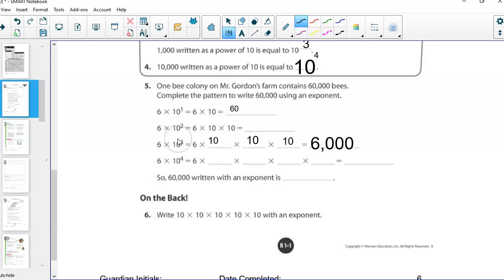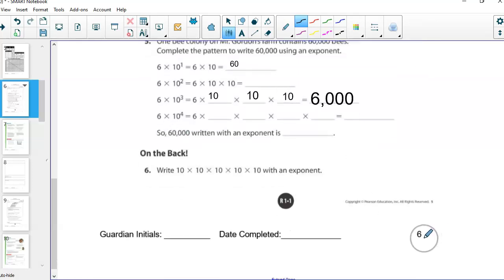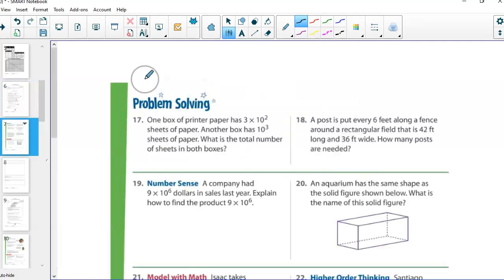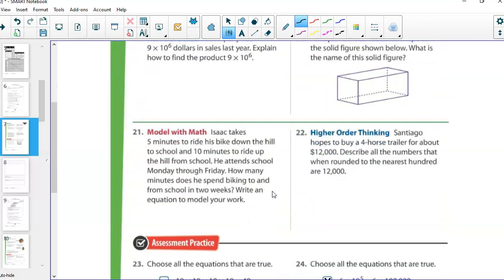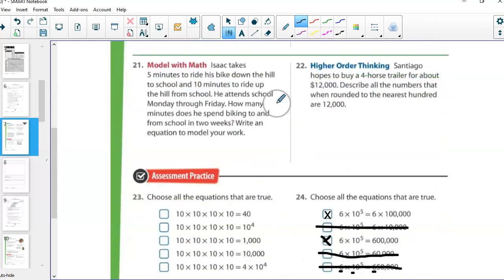All right, so today for your lesson, you are going to, again, continue by finishing out the rest of the problems on page 6. So you'll see at the bottom of your page that they are numbered. So you're going to be finishing page 6, these 3 problems, and then also number 6. And then on page 7, you have these problems that you need to finish as well.